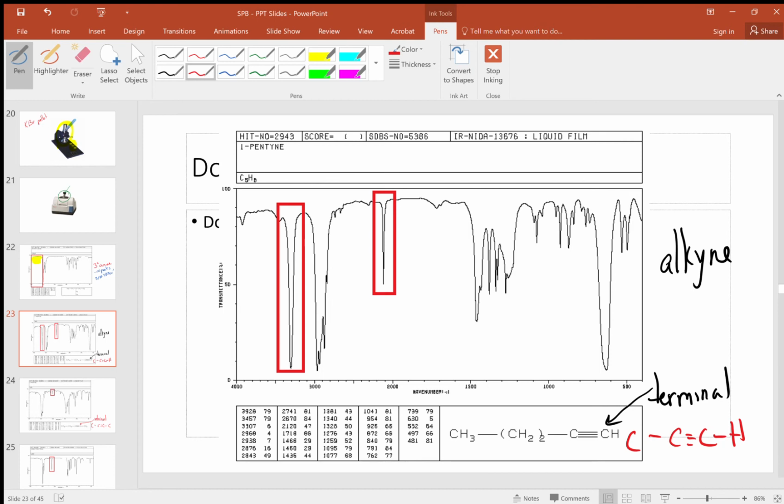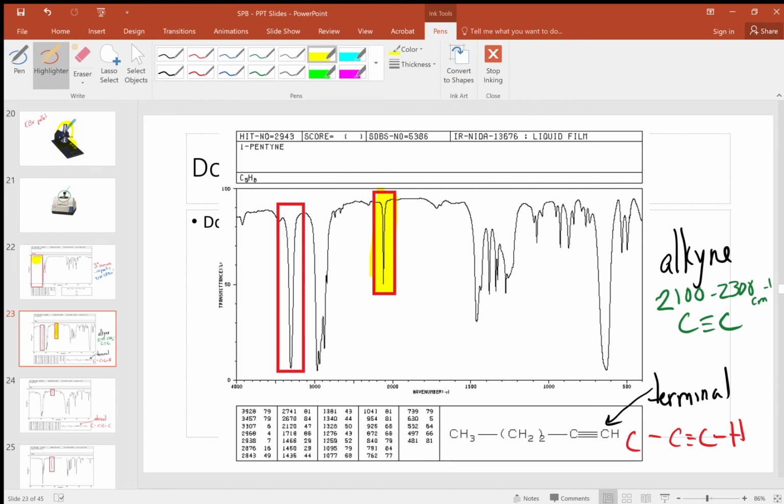So does this mean that we can actually differentiate between internal and terminal alkynes just by looking at their IR spectra? The answer is yes. So every alkyne has a peak between 2100 and 2300 wavenumbers. That represents the triple bond itself. And we can see that peak here in this spectrum.